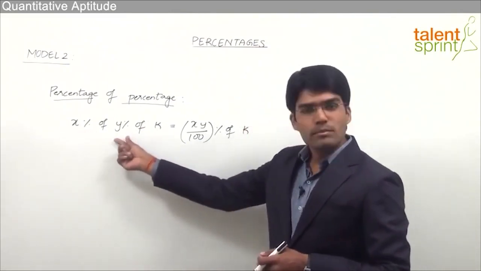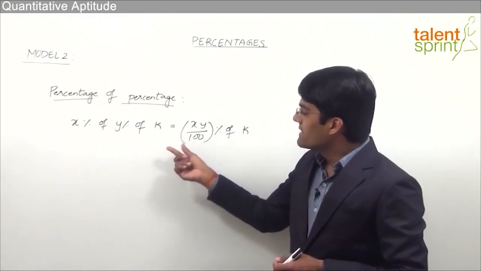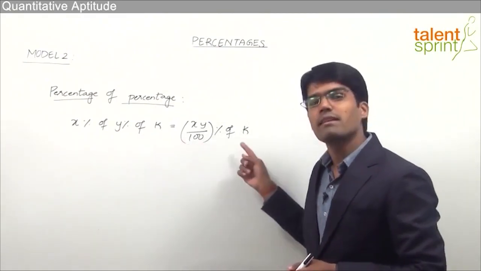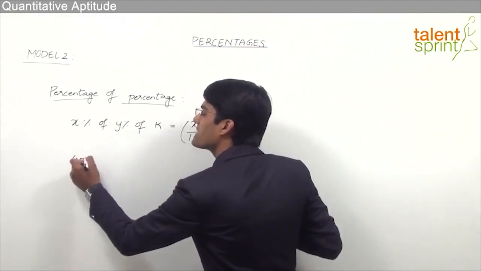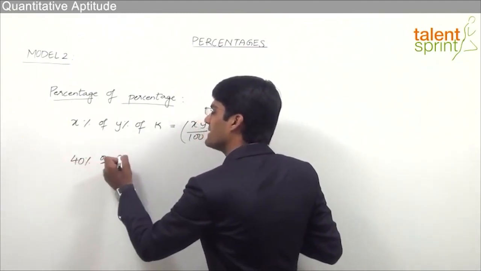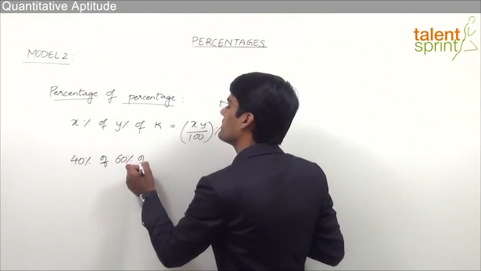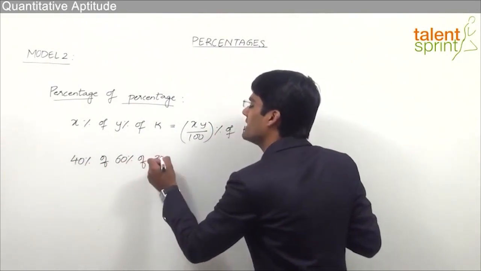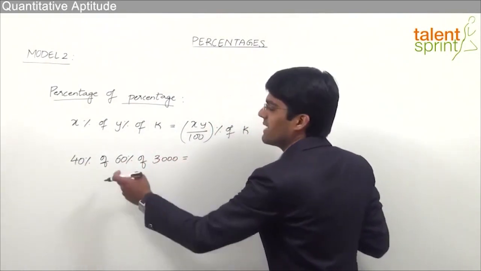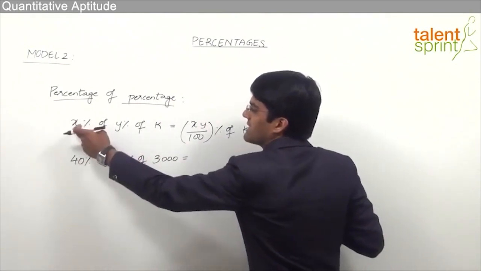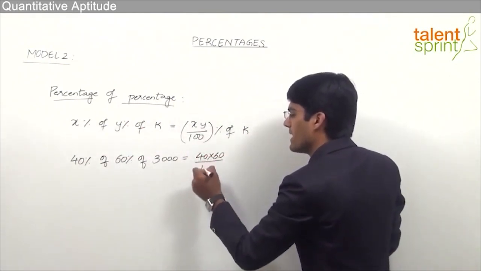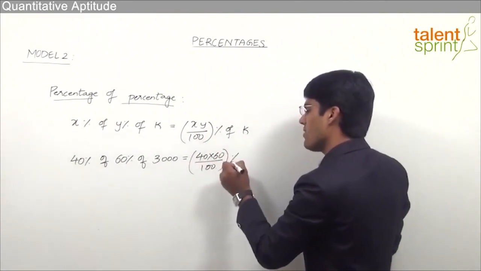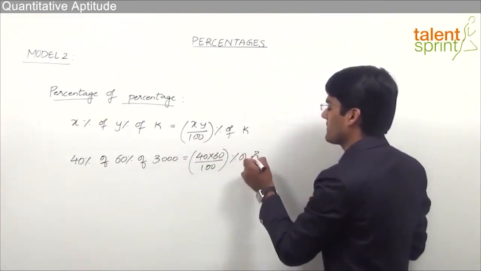X% of Y% of K is equal to XY by 100% of K. For example, 40% of 60% of some value, let us take 3000, can be taken as 40 into 60, that is X into Y. So 40 into 60 divided by 100% of 3000.